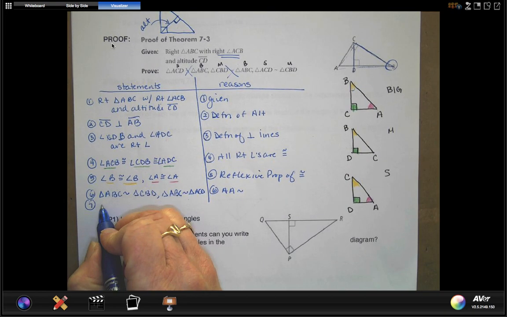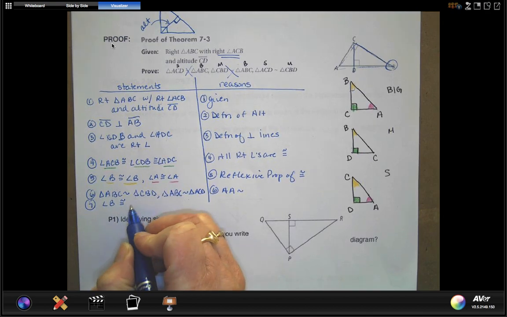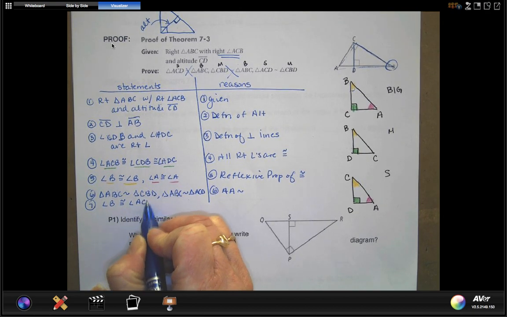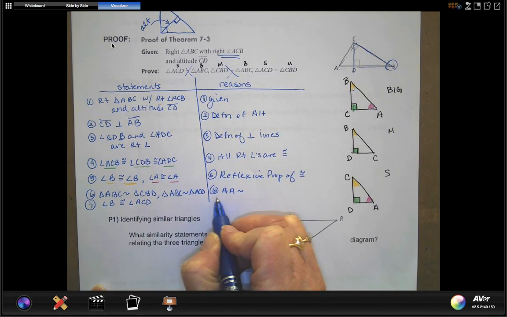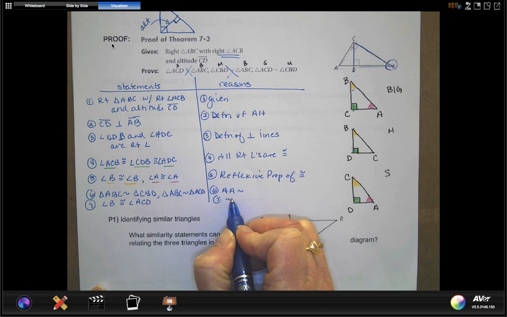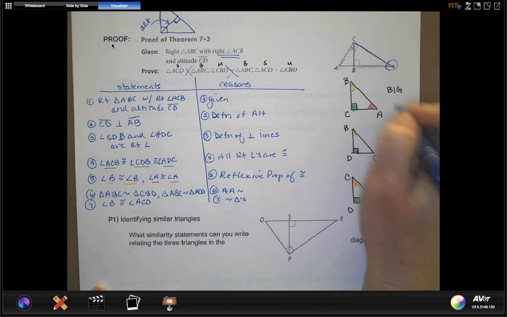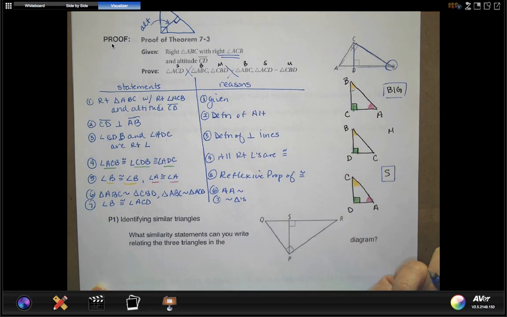But, so I can say now that angle B is congruent to angle ACD. So I'm talking about this angle right here. And why do I know that? Because if I have similar triangles, so remember, I already just said this big one is similar to the small one. I said that in step 6.